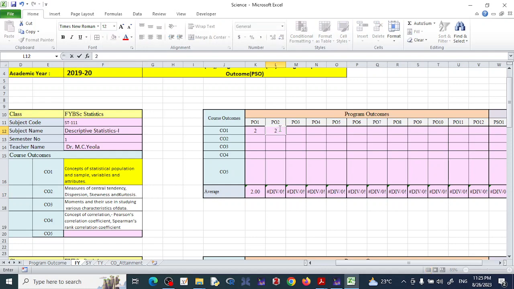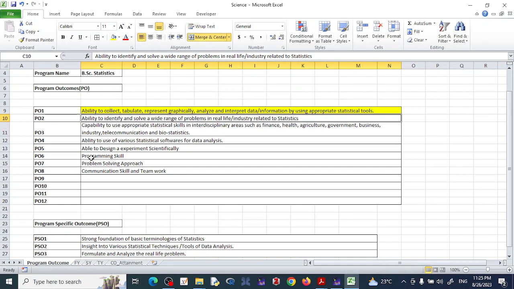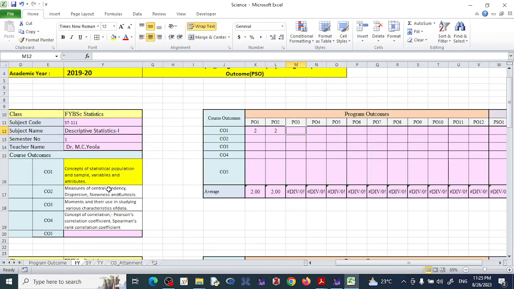This has to be decided by the respective subject teacher. And for example, let's take this example of programming skill. If this course outcome is not able to develop any programming skill, then under this PO7 title I will write 0. Don't write dash, don't write blank.